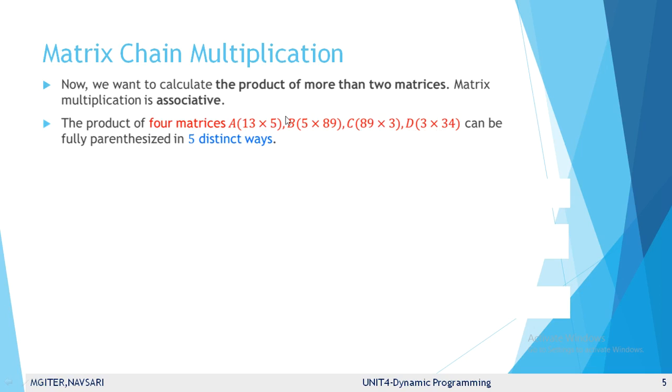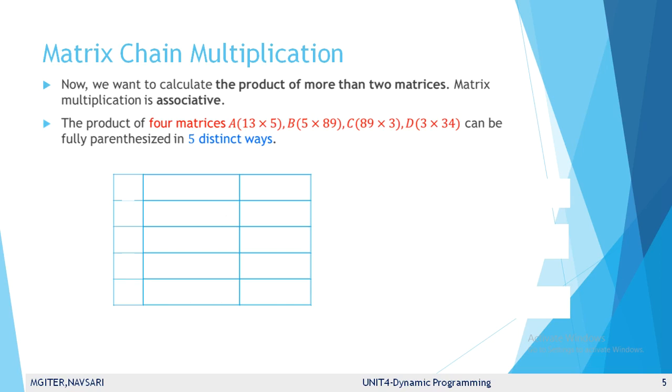How should we parenthesize the matrix multiplication to minimize the computations? There are 5 different ways to multiply the 4 matrices.